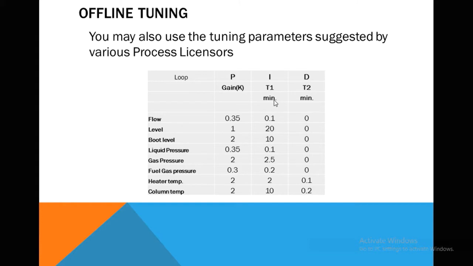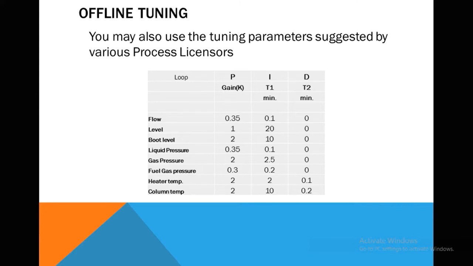If this is in seconds, assume that your integral time is in seconds. If I have 0.1 minute, it means 6 seconds. You have to correct it accordingly and key in the values. So this provides us the initial setting of all the controllers. Please bear in mind you have to change the factory settings, otherwise none of the controllers are going to work.